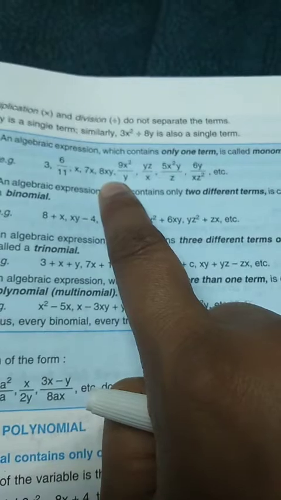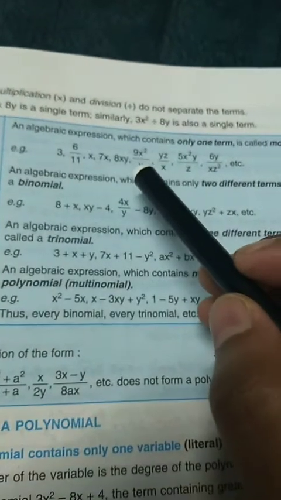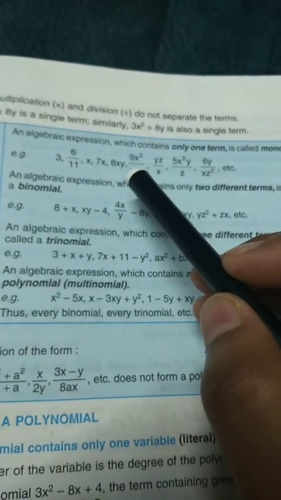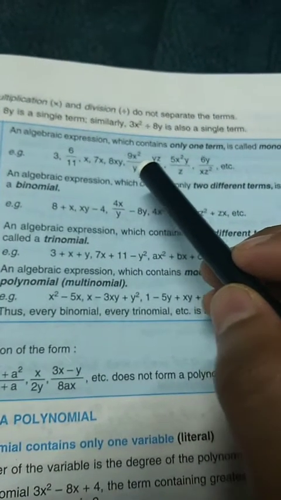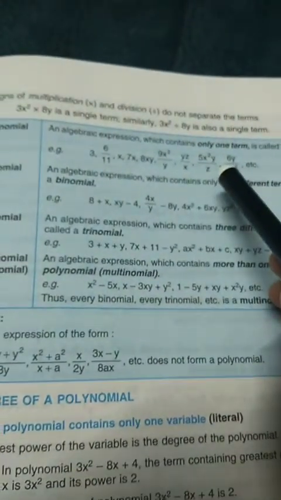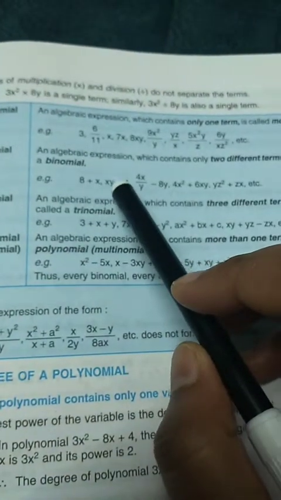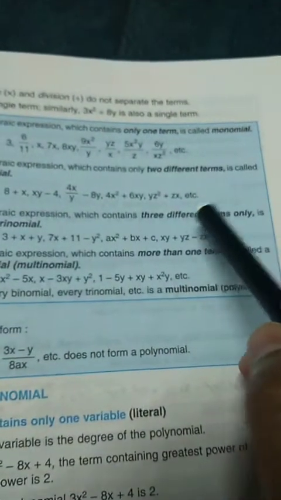A monomial is formed when the algebraic expression does not have any plus or minus sign in between. Then we have monomial.